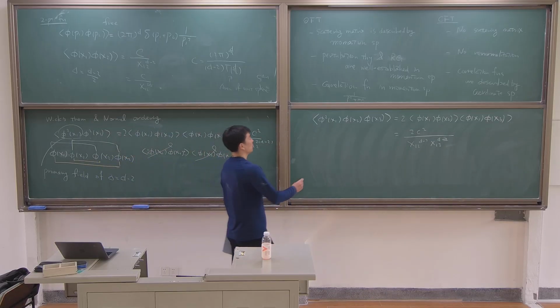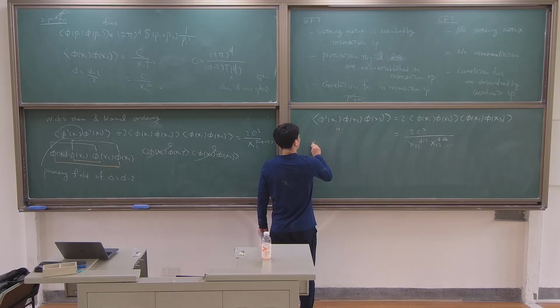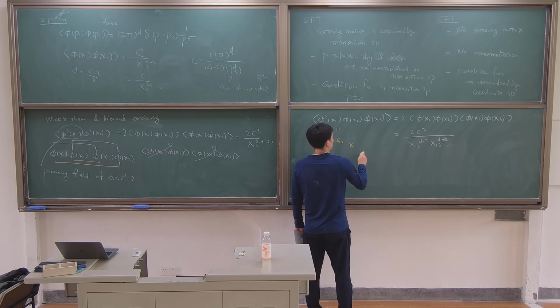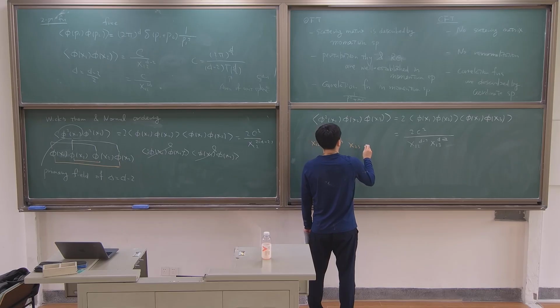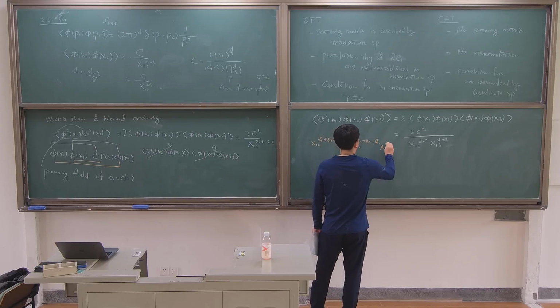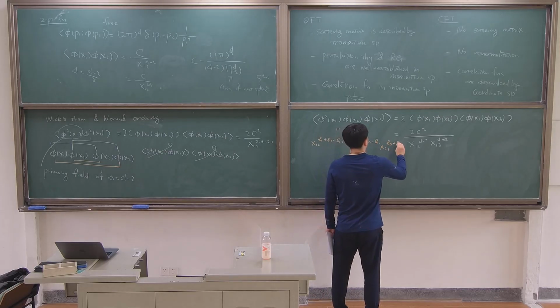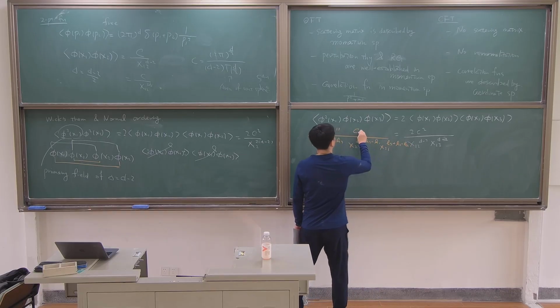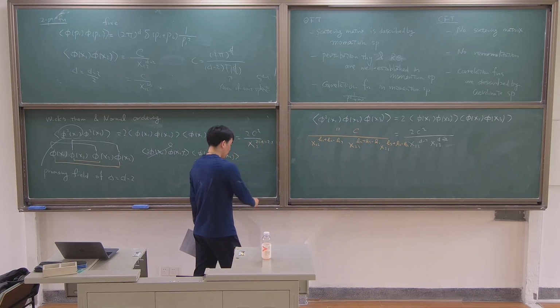Conformal symmetry will tell you this one is equal to x12 to the power h1 plus h2 minus h3, x23 to the power of h2 and so on, divided by the corresponding structure in the denominator.